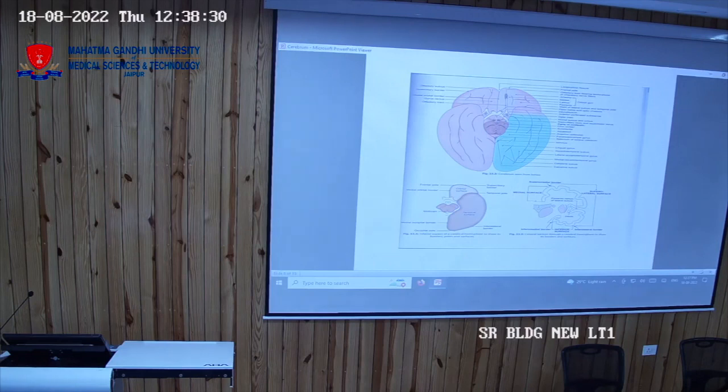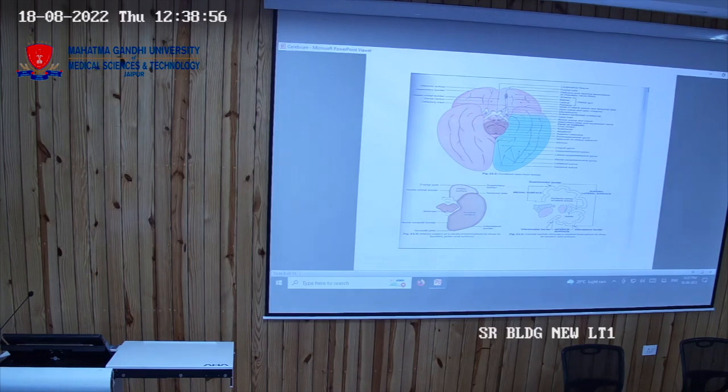You can see the diagram. This is the optic chiasma. Just posterior to the optic chiasma, look at this area, and anterior to the crus cerebri of the midbrain. This is the midbrain. And bounded laterally by the optic tract. So this area is called the interpeduncular fossa.